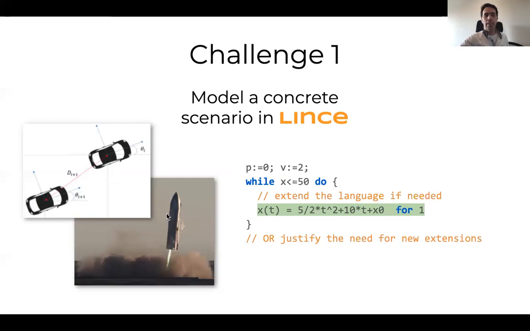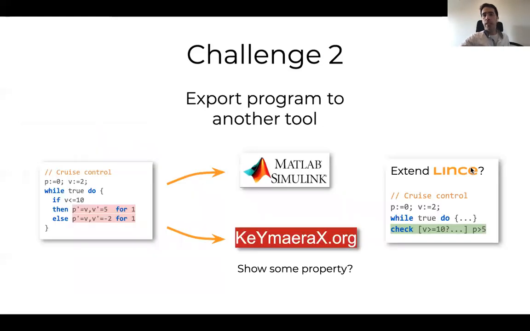So, aiming at specifying a system. Another challenge that could be interesting as well is to try to understand how these kinds of programs can be modeled and what their counterpart is in the existing tools.